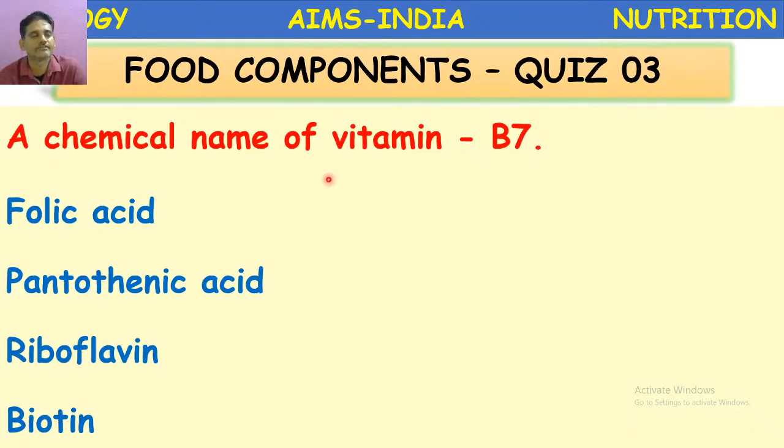Recall. Folic acid, pantothenic acid, riboflavin, biotin. So, what is the right answer? Biotin. D is the right answer. Biotin is also called vitamin B7.